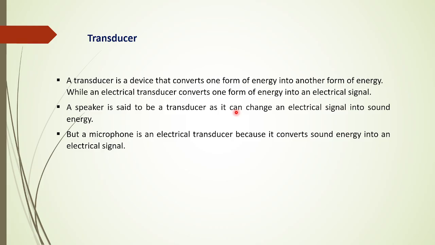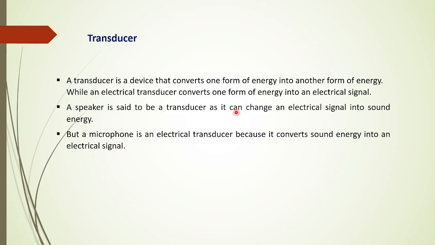If we go for an electrical transducer, it converts any form of energy into electrical form. That is called an electrical transducer. For example, if we take a speaker, that is also a transducer, but it converts the electrical signal into sound energy.